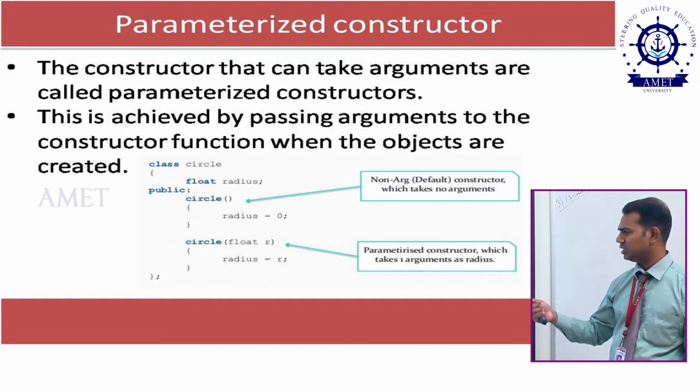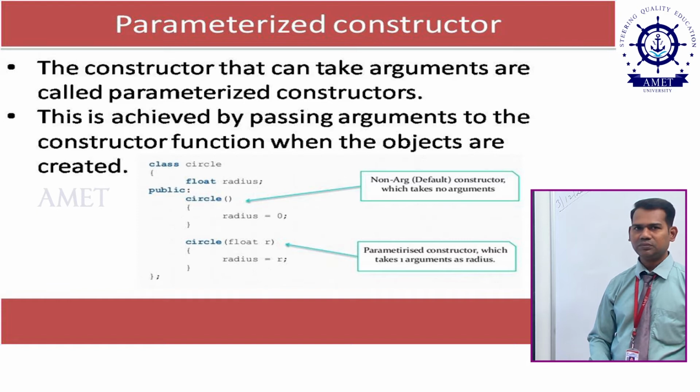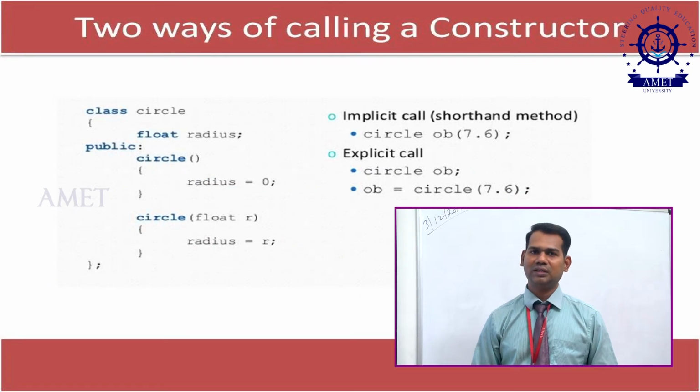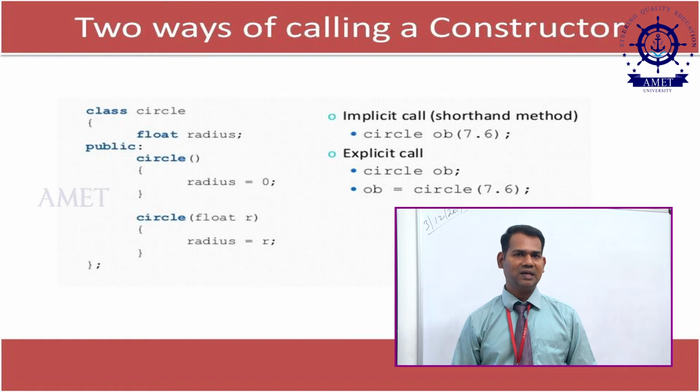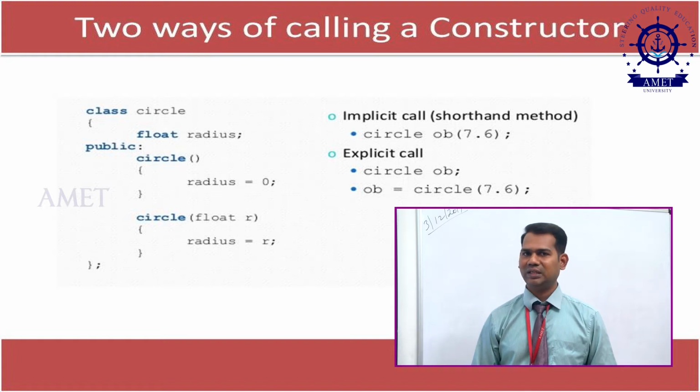As I said, we have constructors with and without parameters, and two ways of calling a constructor. One way is that we can call a constructor implicitly, and the second way is that we can call a constructor explicitly.